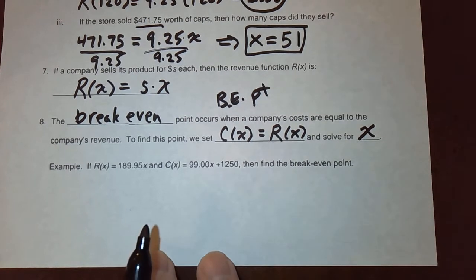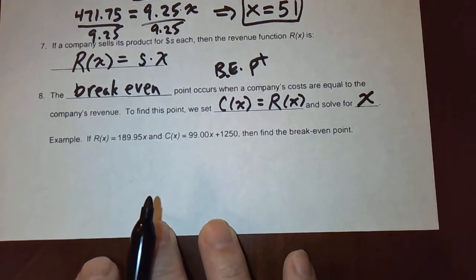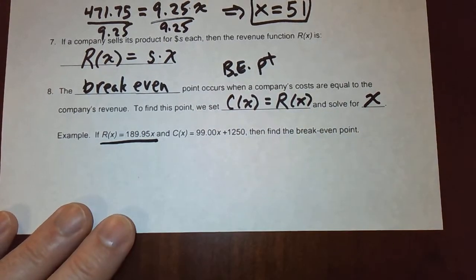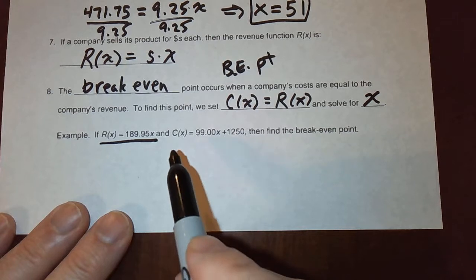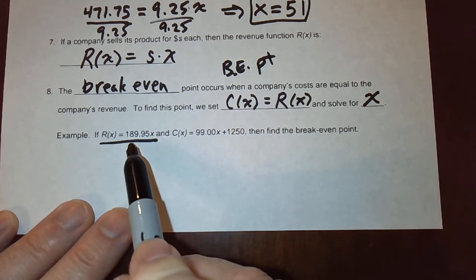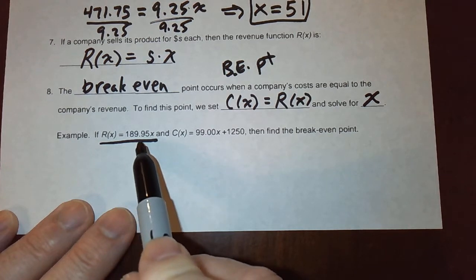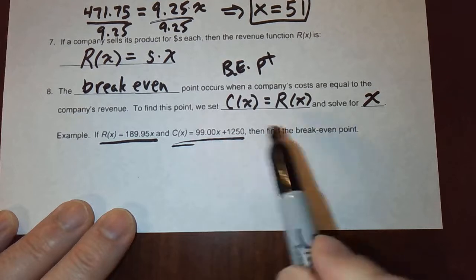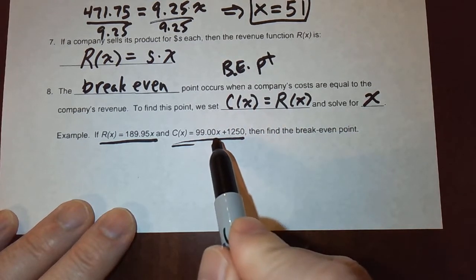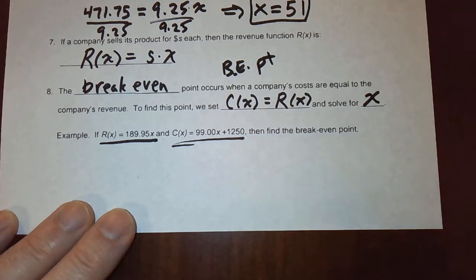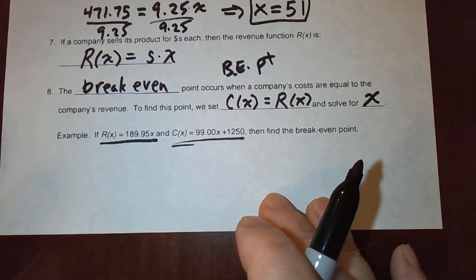So, real easy example. If we have this revenue function, 189.95 times x, that means that each item sells for $189.95. And then we have this cost function, which says it costs $99 to make each item. And then there's a fixed cost of $1,250 per month. We want to find the break-even point.